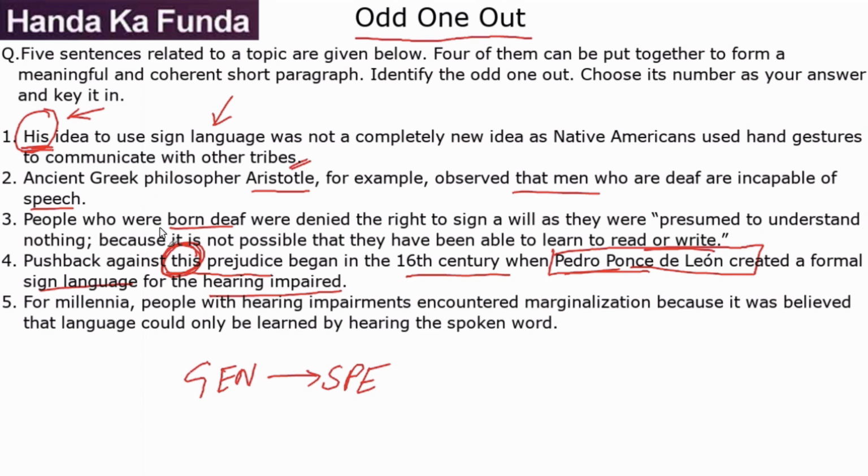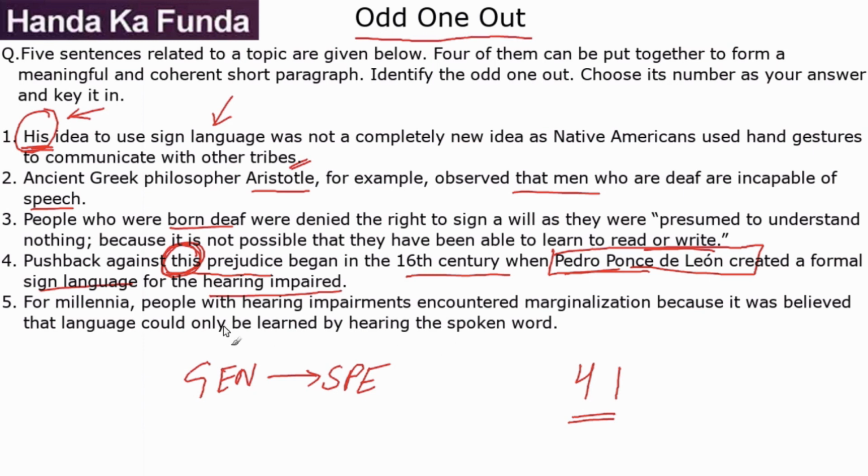But just from this, what I know is 4-1 forms a logical pair, and this pair of 4-1 should be there in my final paragraph. So whatever is my answer cannot be 4-1, because 4-1 exists as a pair in the final paragraph.